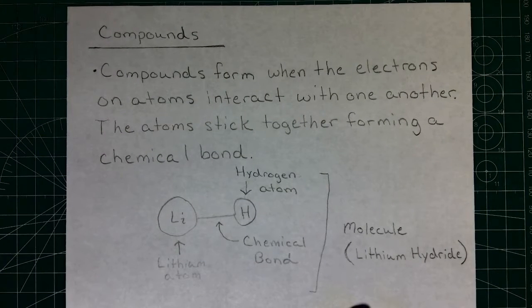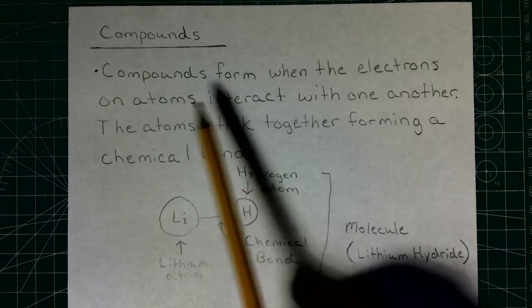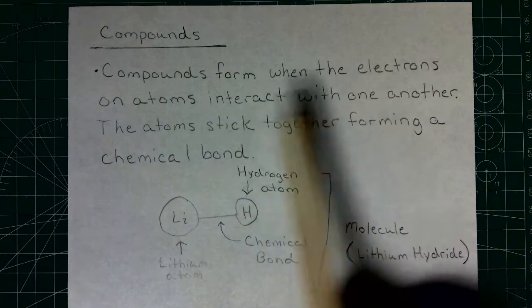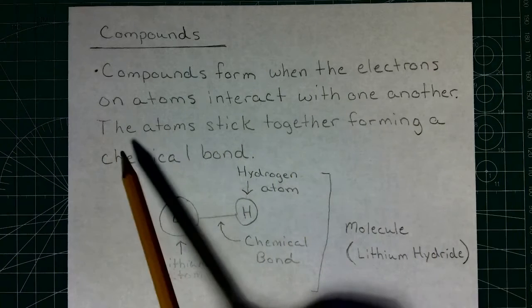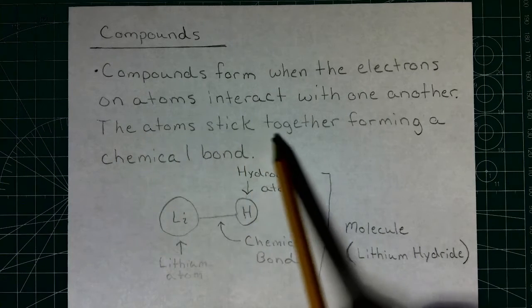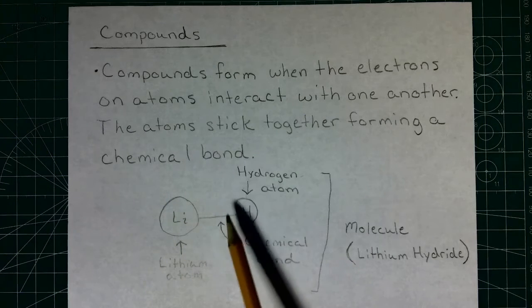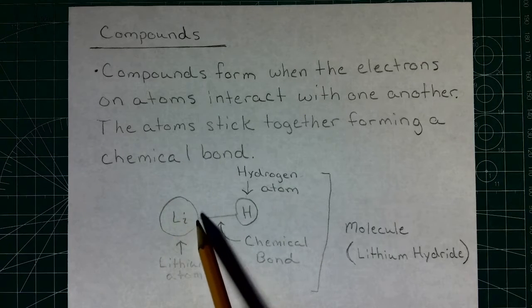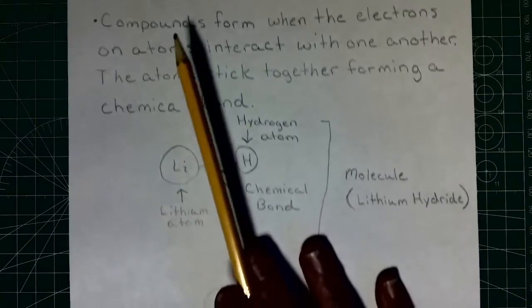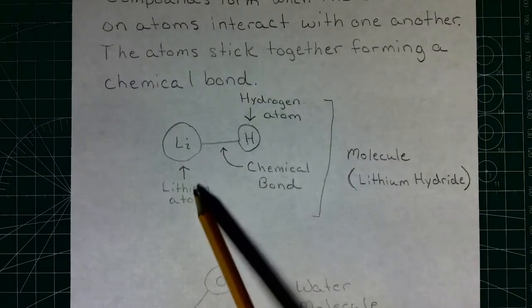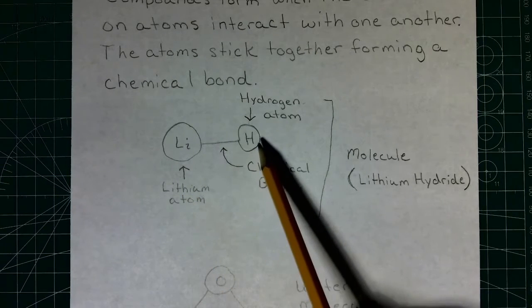we have compounds. And compounds form when the electrons on atoms interact with one another and the atoms stick together, forming a chemical bond. So here I have an example where I have a little lithium atom, and I drew it a little bigger than the hydrogen, and that was actually very purposeful.